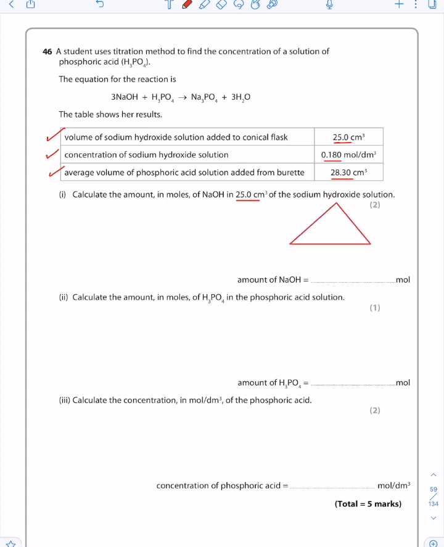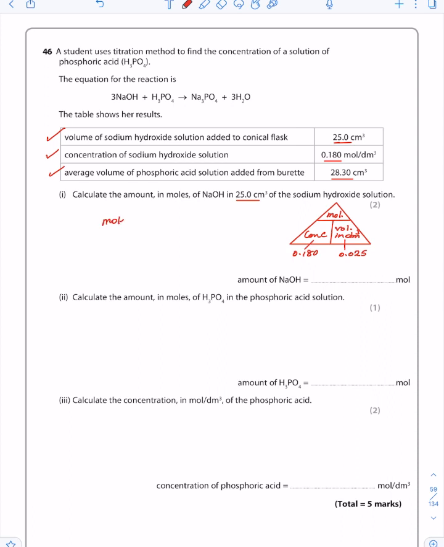We have the law for concentration. Concentration is equal to moles over volume in cubic decimeter. We have the concentration of sodium hydroxide, 0.180, and the volume, 25 cubic centimeter, which is 0.025 cubic decimeter.